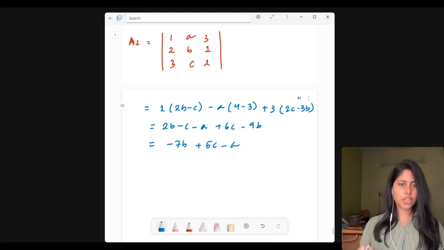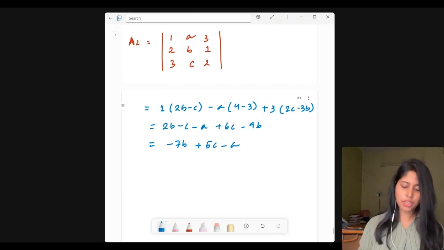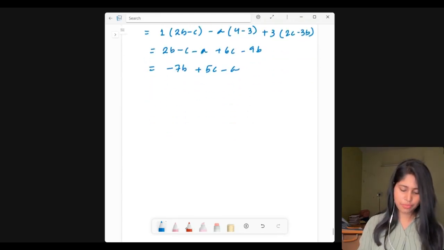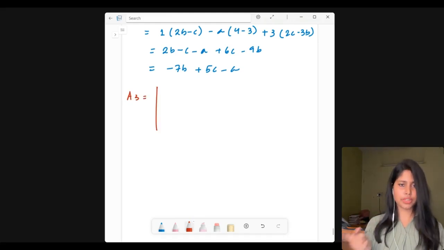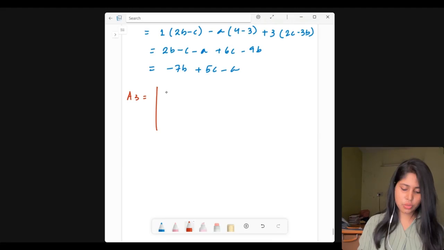So we have already got A1 and A2. Now the last step is the A3 one. A3 is obtained by replacing the third column with the B column. So it is 1, 2 and 3, then 2, 3 and 1, and then a, b and c.